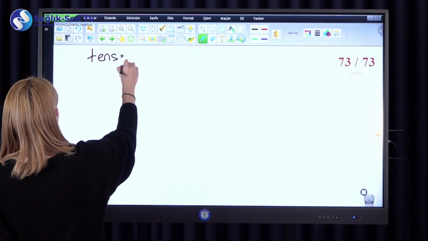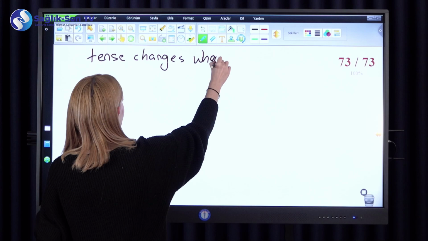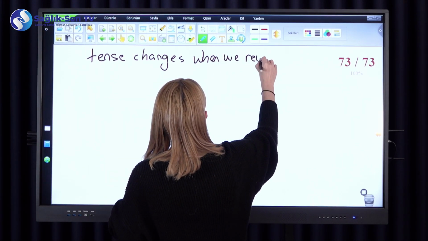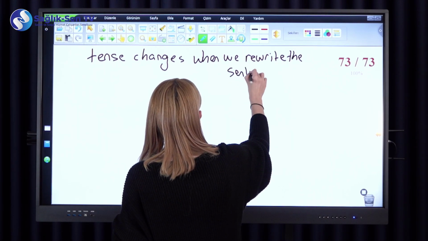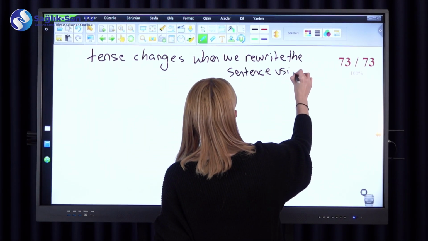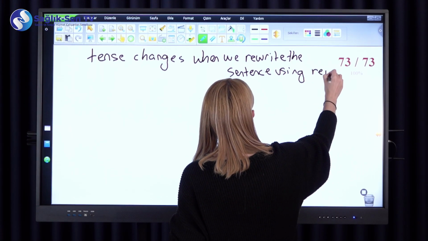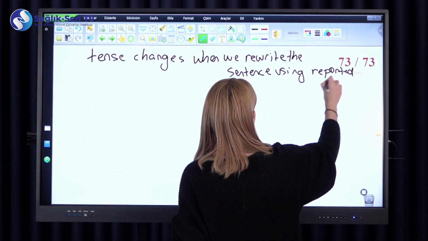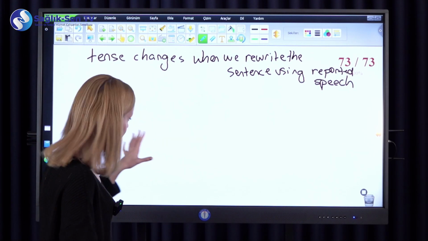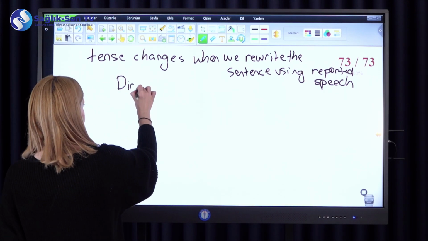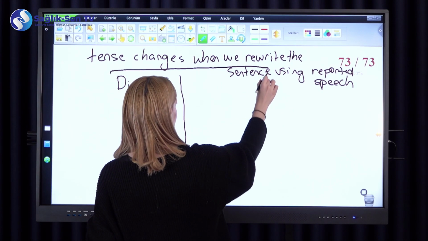Tense changes when we rewrite the sentence using reported speech. We have a tense chart here.